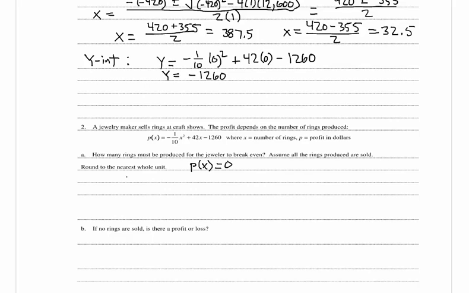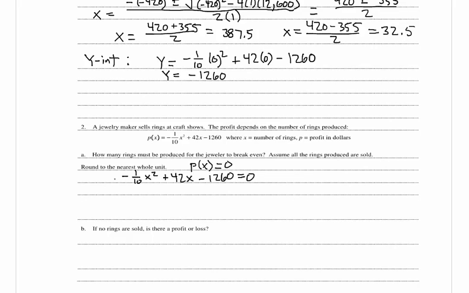So from above, we know that negative 1/10 x squared plus 42x minus 1260 is equal to 0 when x is equal to 387.5 or 32.5. And because we can't produce and sell half of a ring, we're going to round these values.